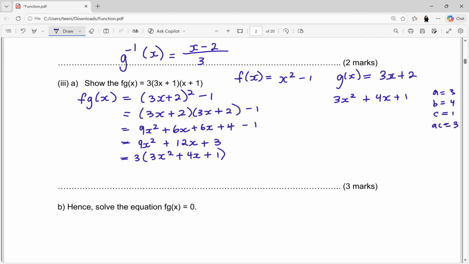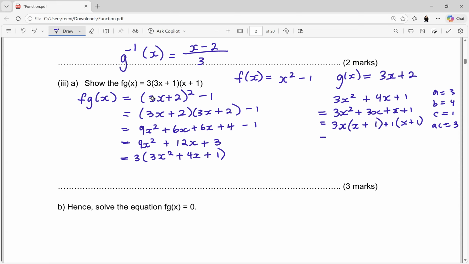So factorizing 3x squared plus 4x plus 1, you would write over the expression, replacing 4x with the two factors. So that'll be 3x squared plus 3x plus x plus 1. And then factorizing by grouping, 3x squared and 3x have the common factor 3x. So this will be 3x times x plus 1, plus 1 times x plus 1.